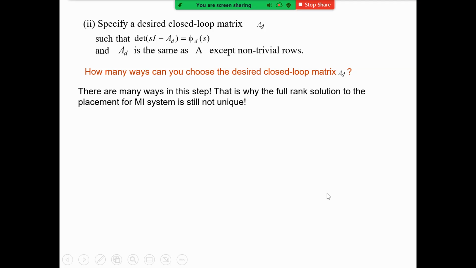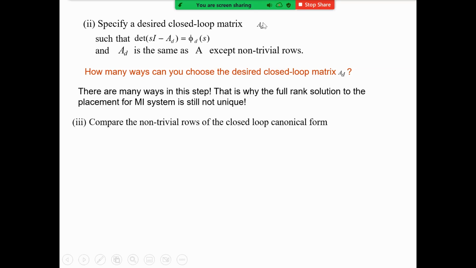From the students' experience, a good way is to split AD into two subsystems, third order and third order. That probably gives you better performance than putting all the values in the last row.